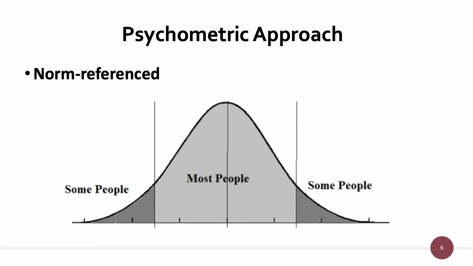There are a number of different approaches to defining and explaining intelligence. The dominant view is labeled the psychometric approach, as it is focused on measurements and statistical analysis of the construct. Researchers working within this paradigm assume that intelligence, like all characteristics such as height or weight, is normally distributed.